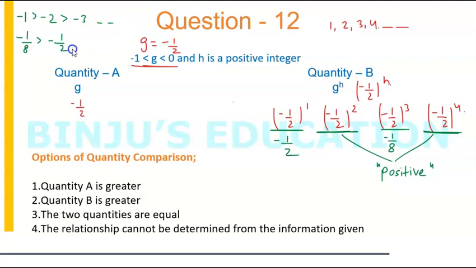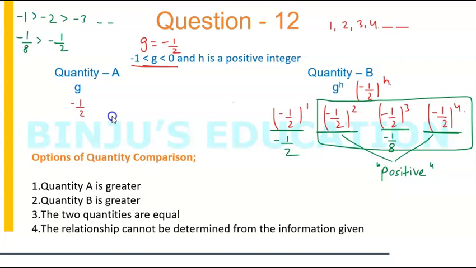So in three cases, that is negative half squared, negative half to the power 4, and negative half cube, the values are coming out to be greater than minus half. That is, for these three cases, quantity B is greater than quantity A. But just for one case, when the power is 1, the two values are coming out to be equal.